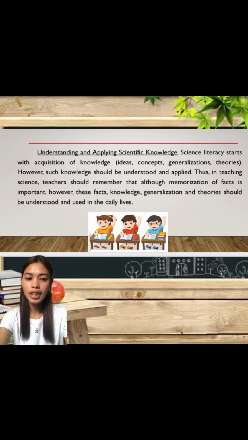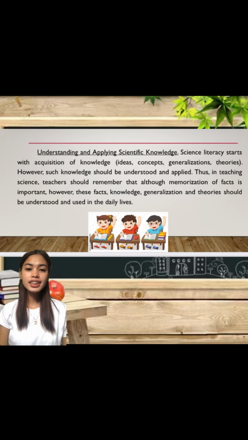However, such knowledge should be understood and applied. Thus, in teaching, science teachers should remember that although memorization of facts is important, these facts, knowledge, generalizations, and theories should be understood and used in daily lives.